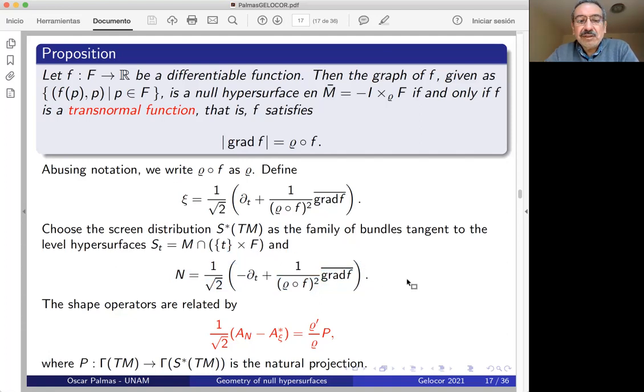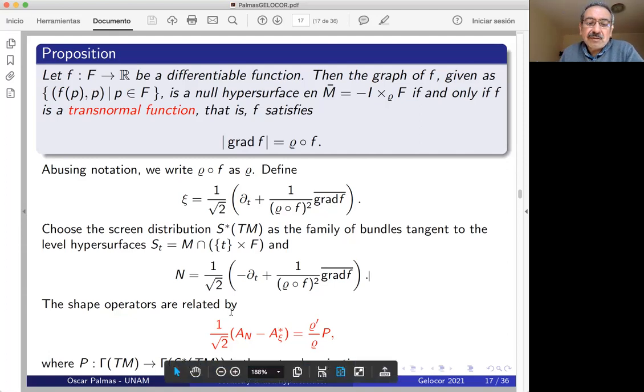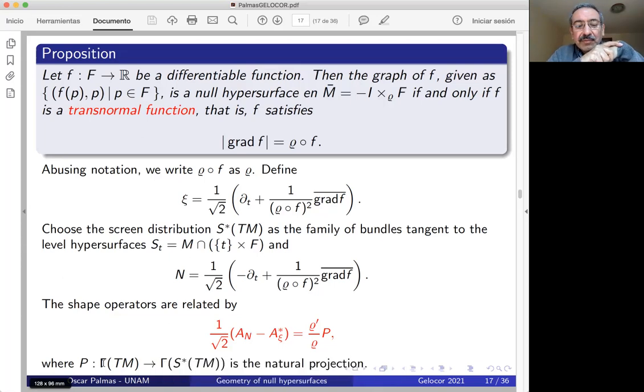And if we calculate the shape operators, we have that they are related by this formula here in red. Okay, so now let us recall that this is a projection P. So in this case, the shape operators are linearly related if and only if our rho prime is constant, is 0.